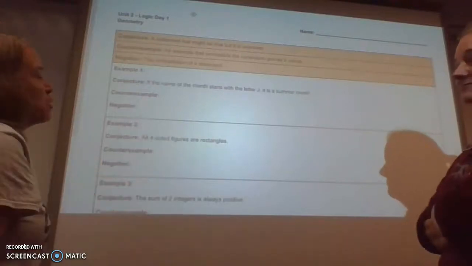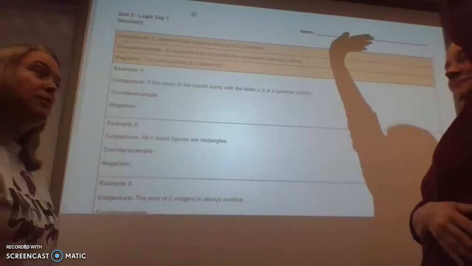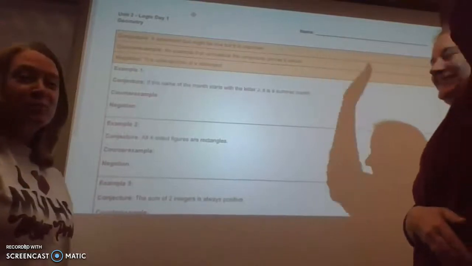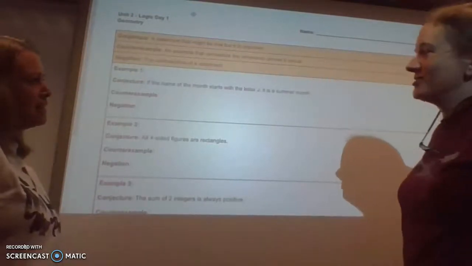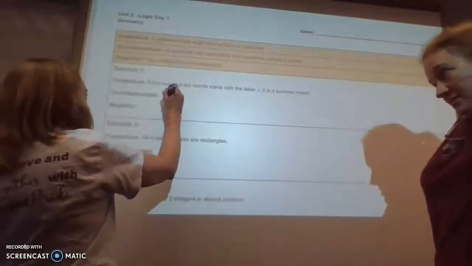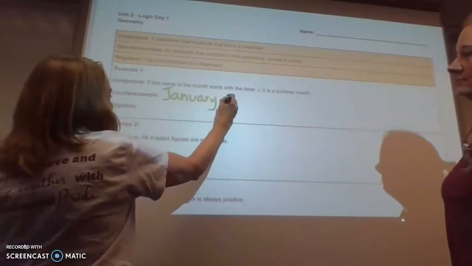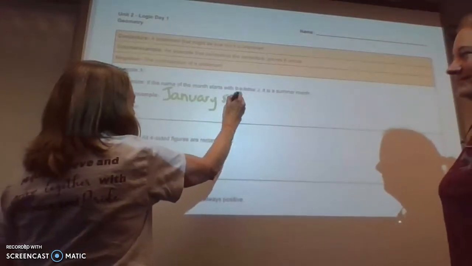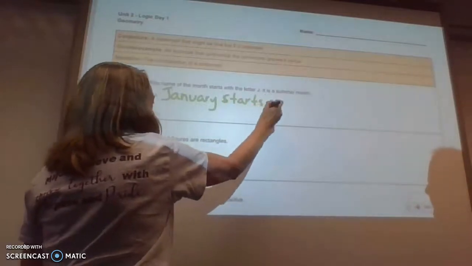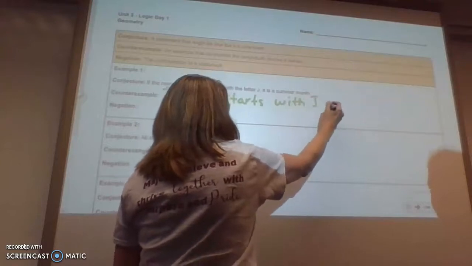Okay. So they said, if it starts with the letter J, it's a summer month. Is there a counterexample out there? Is there an example that would prove that to be not true? What about January? January starts with J, and it is not a summer month.